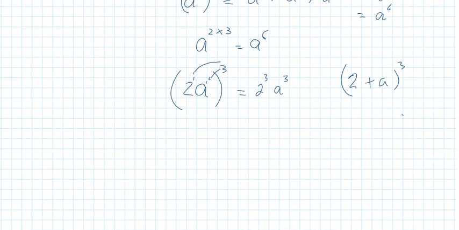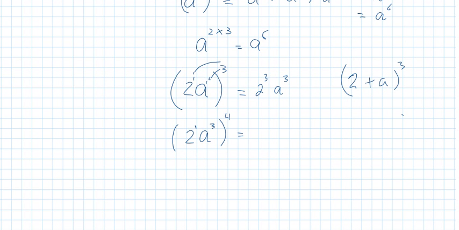So, I'm going to give you another example here. Whenever I have something like this, I'm going to have to pretend that the exponent on the 2 is 1. If you don't have an exponent, it's actually a 1, because 2 to the power of 1 is 2.